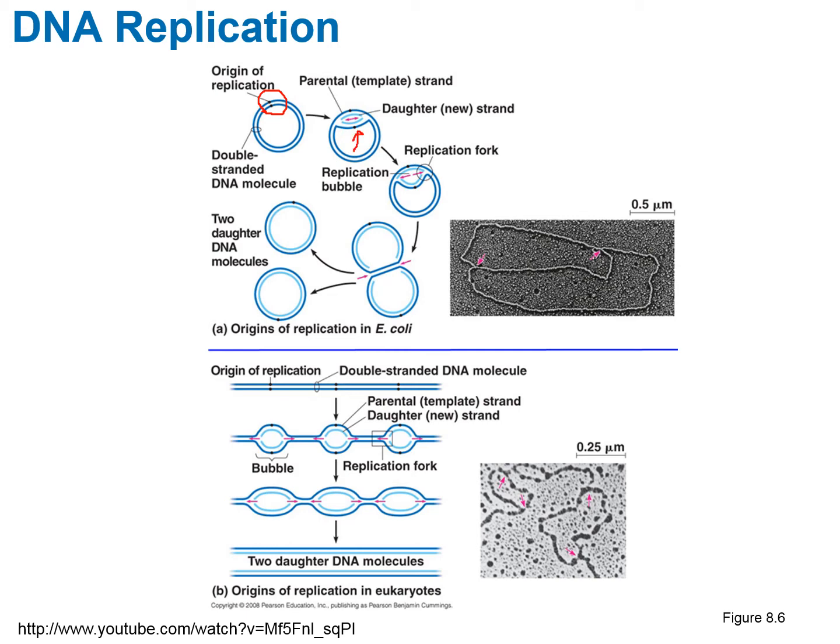At the opposite ends of the bubble, here and here, we're going to have two Y-shaped structures called replication forks. And this is where the helicase, along with other replication proteins, are going to bind. Most importantly, DNA polymerase is going to bind there.